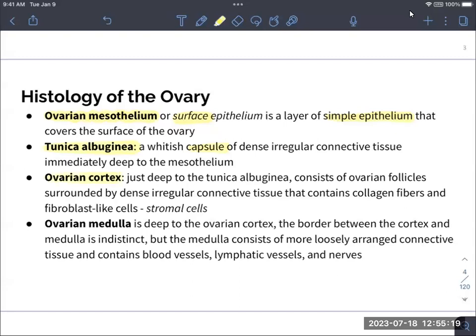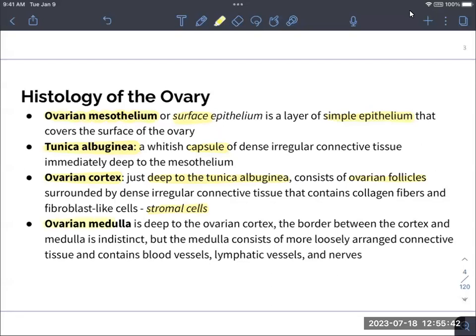The ovarian cortex is the next layer down because it is underneath that tunica albuginea. This is where we have ovarian follicles, and we have collagen fibers and fibroblast cells that are known as the stromal cells.